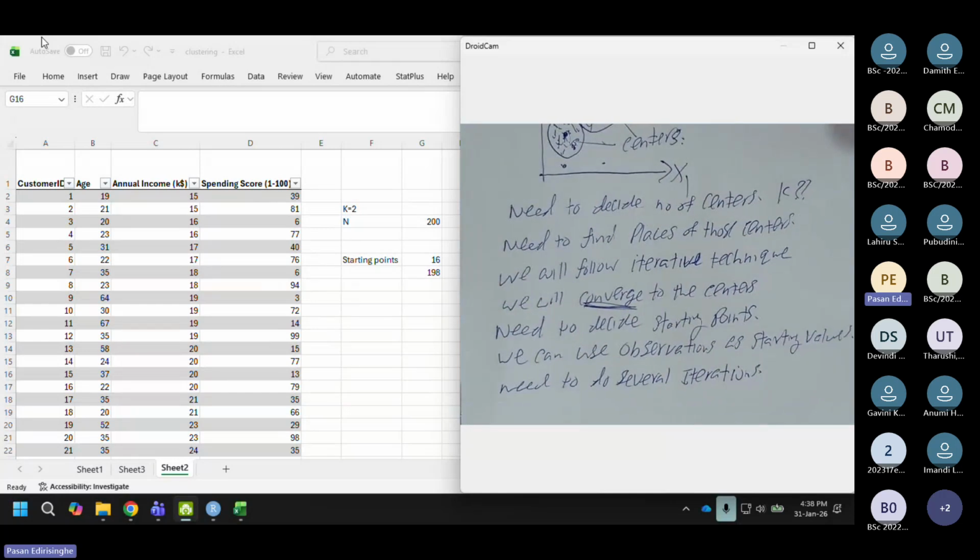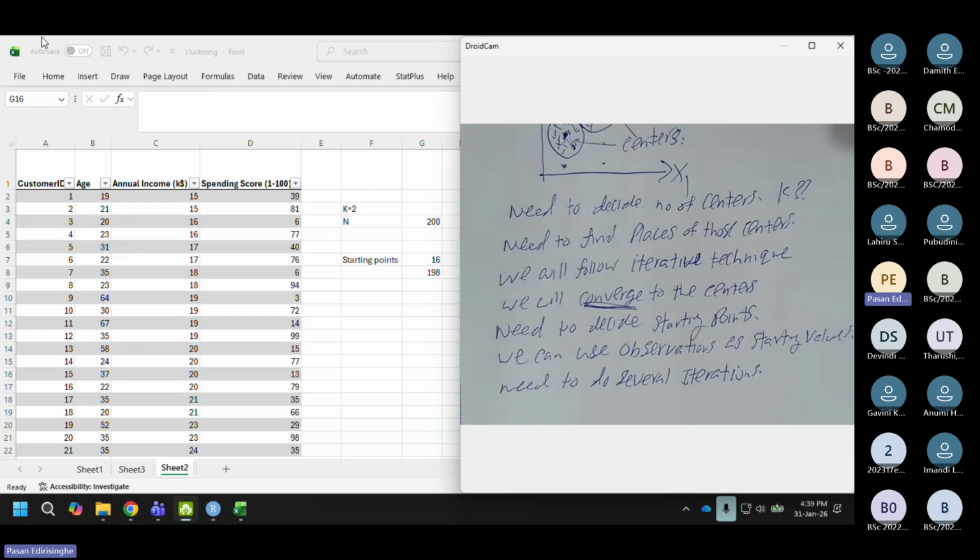Okay, so it depends on the situation, right? You might have to do 10 or 20 or 30, 40, or we don't know how many iterations we have to do. And then, a few other variations: once you go through several iterations, even after maybe 100 iterations, you can still see it is fluctuating, right?